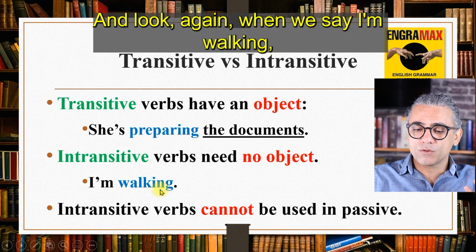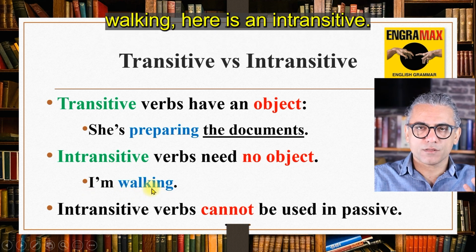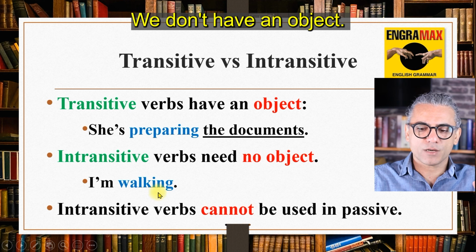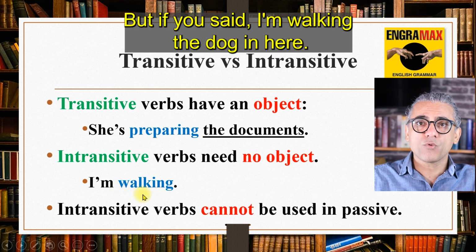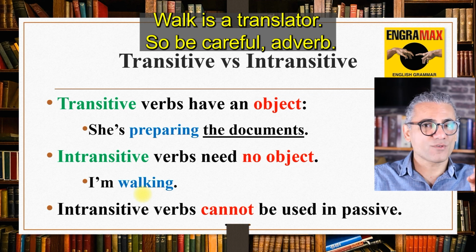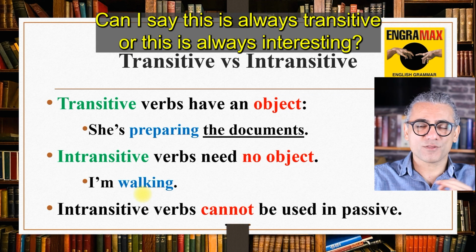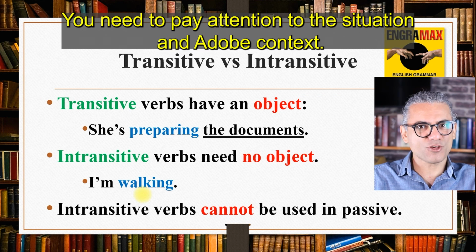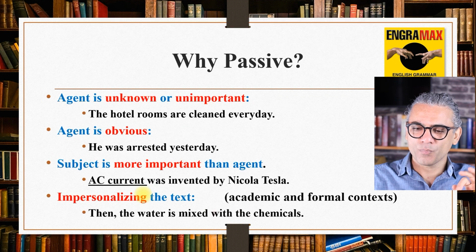And look, again, when we say I'm walking, walking here is an intransitive verb. We don't have an object. But if you said, I'm walking the dog, in here, walk is a transitive verb. So be careful. A verb, we cannot say this is always transitive or this is always intransitive. You need to pay attention to the situation and to the context.